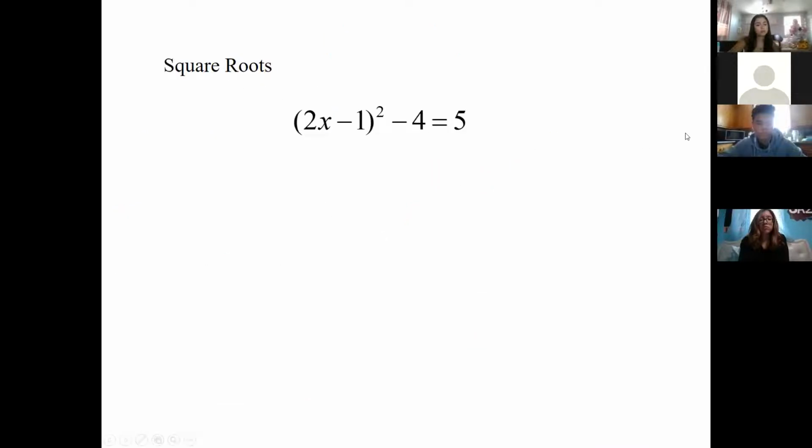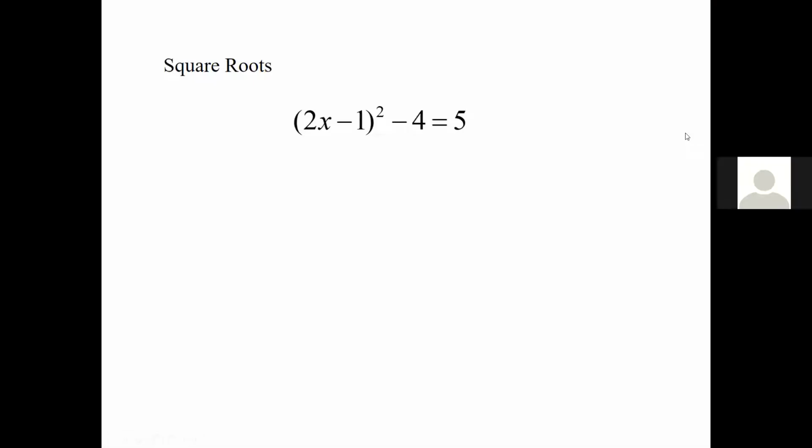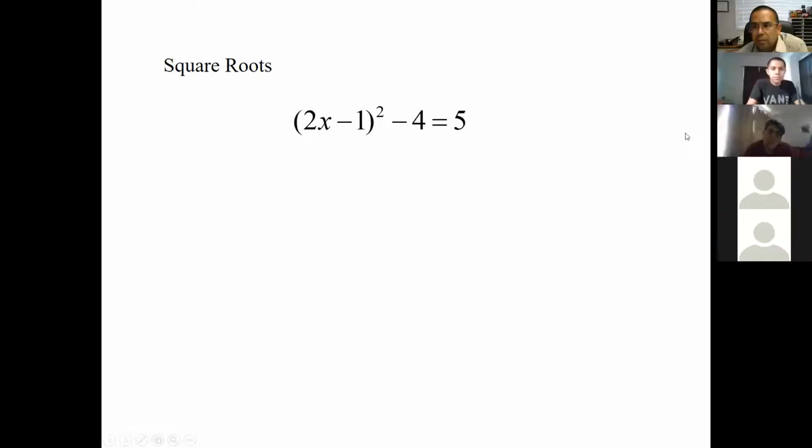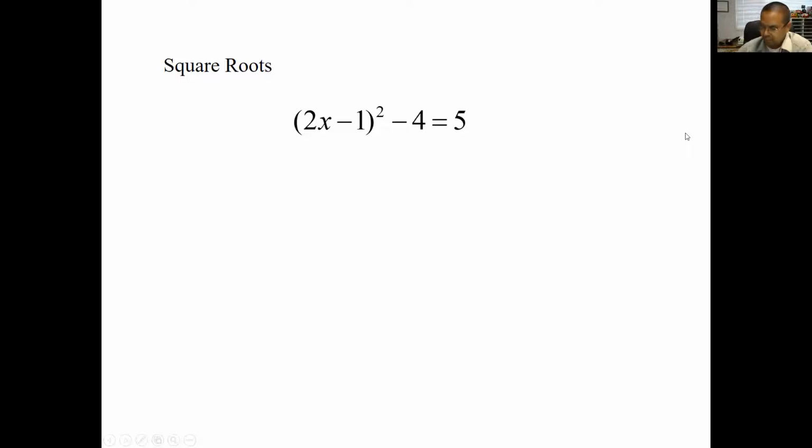So how do we solve this using square roots? You add 4, and then you take the square root. So we would add 4 to get (2x minus 1) squared equals 9.